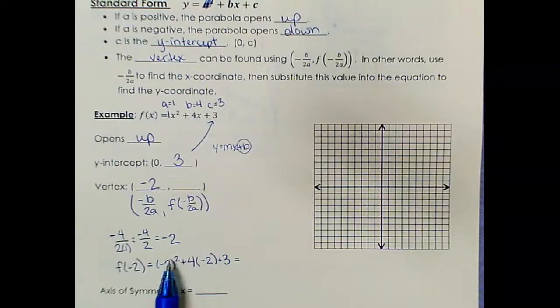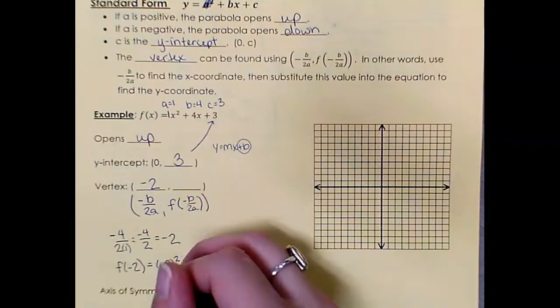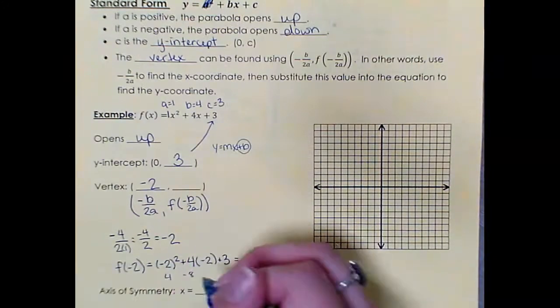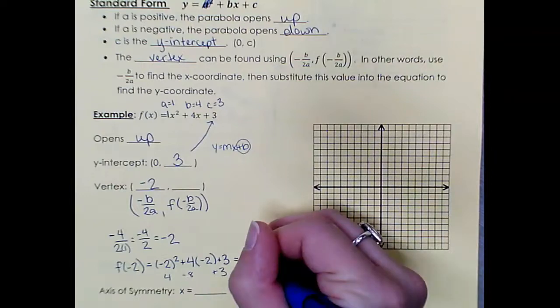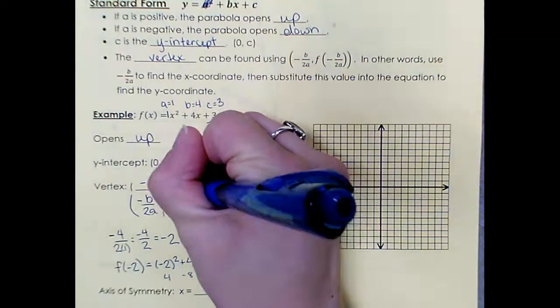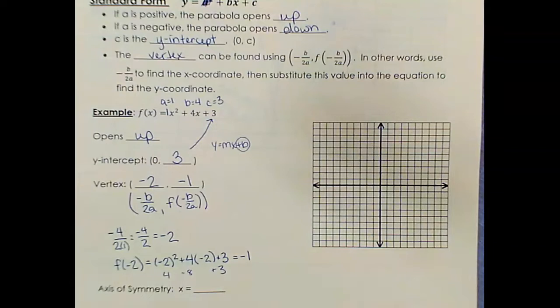Negative 2 squared is 4. 4 times negative 2 is negative 8. So this is 4 minus 8 plus 3. 4 minus 8 is negative 4. Negative 4 plus 3 is negative 1. So there's my vertex.